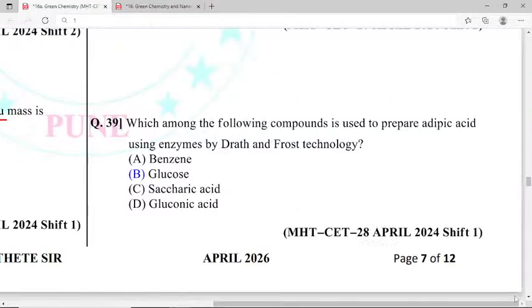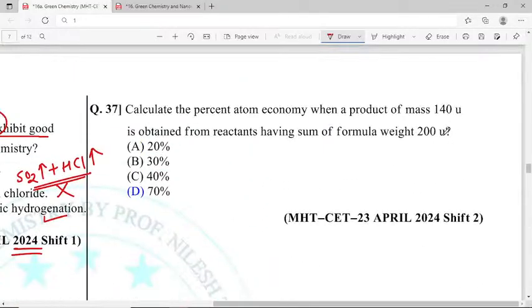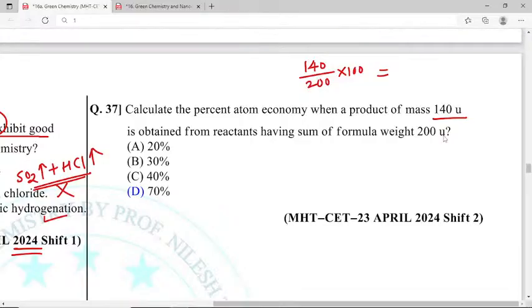Next question. Calculate the percent atom economy when a product mass is obtained from reactants having a sum of formula mass. So what is your calculation? 140 divided by 200 multiplied by 100. The zeros get cancelled first, and again this zero gets cancelled.